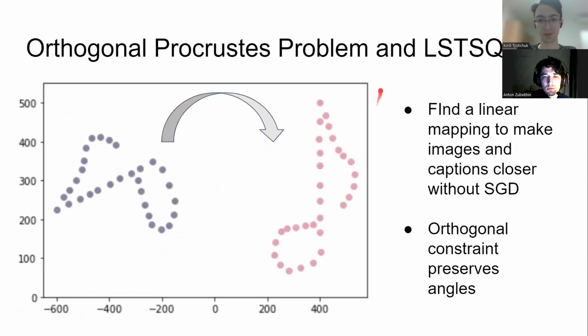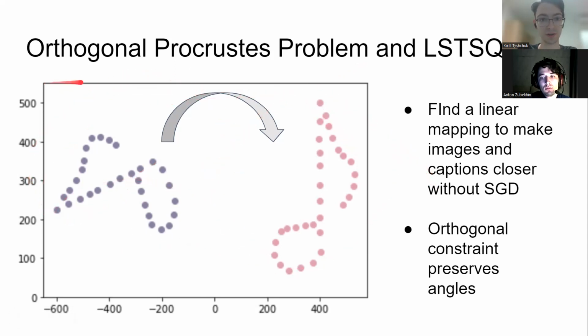Okay, so that was just some visualizations of the distribution of the embeddings of images and text by CLIP. After that, we thought about how we can make the embeddings better other than with whitening. There are actually known linear algebra problems that make two point clouds coincide with each other.